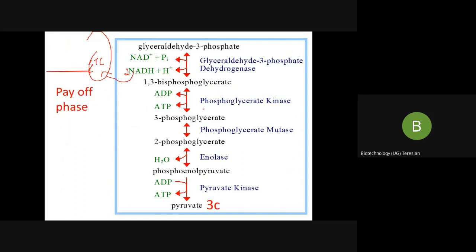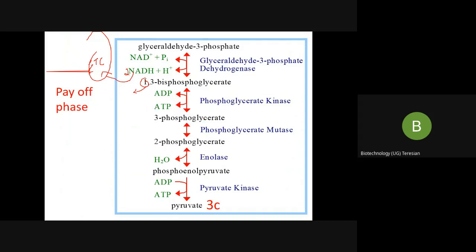In the next step, we can see that the enzyme phosphoglycerate kinase removes one of the phosphate groups, and it gets converted into 3-phosphoglycerate.